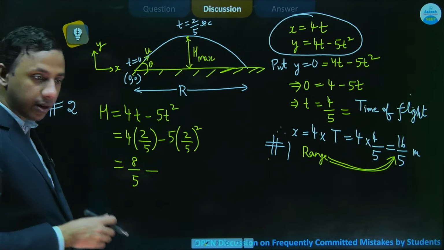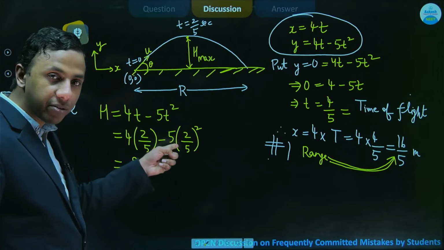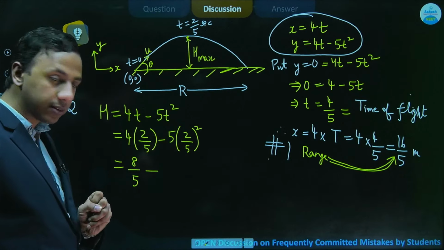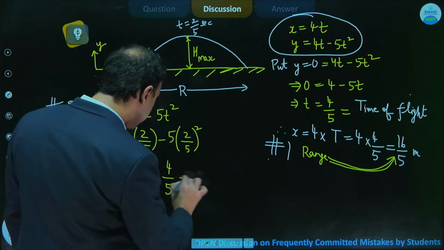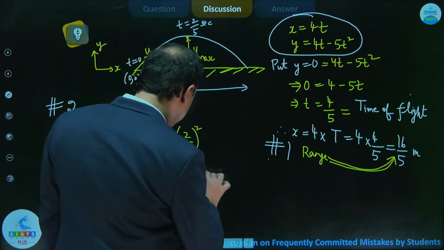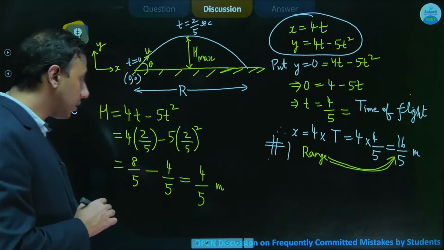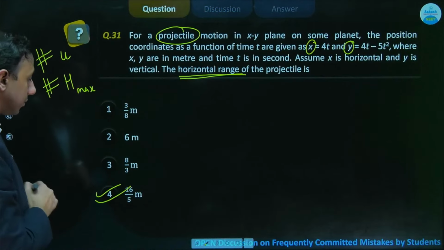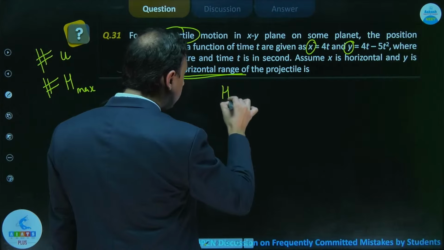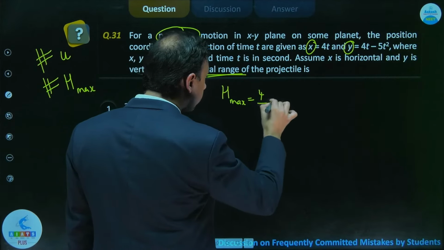Now if you solve over here, this will become 5 into 4/25. 5 and 25 will get cancelled. So this will become 4/5, leaving us with 4/5 meters. So therefore, h max is coming 4/5 meters.